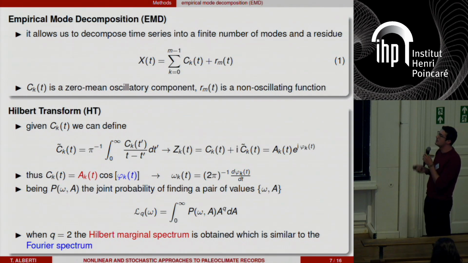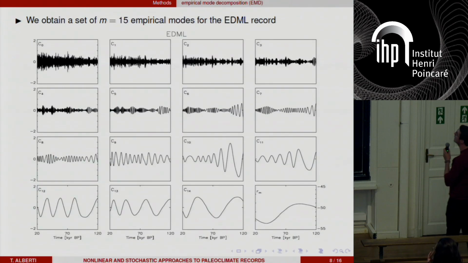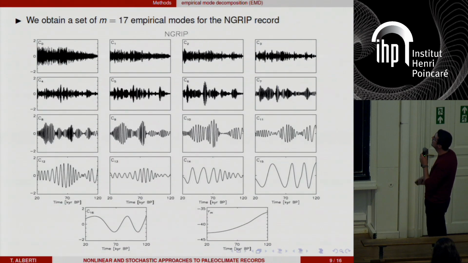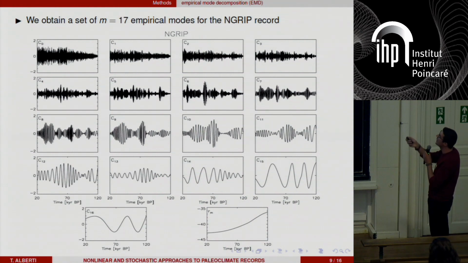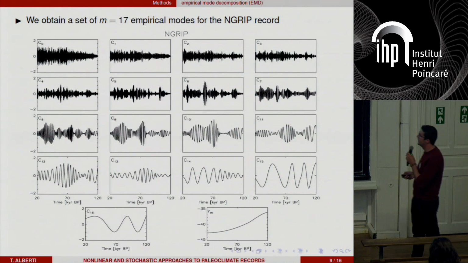But it is obtained by exploiting local properties of the signal, and these are the results. For example, applied to the South Pole record, we obtain 15 empirical modes plus the residue, while for the North Pole record, we obtain 17 empirical modes plus one residue.